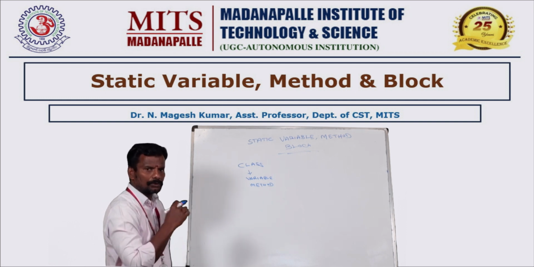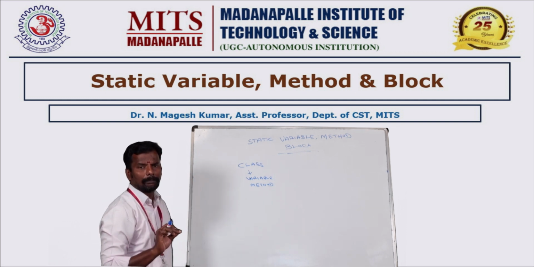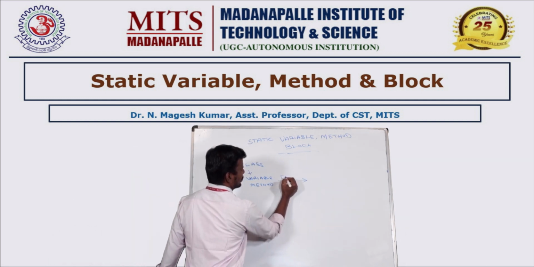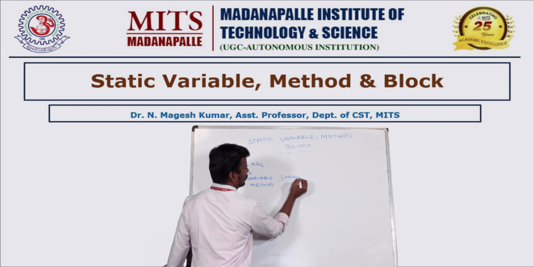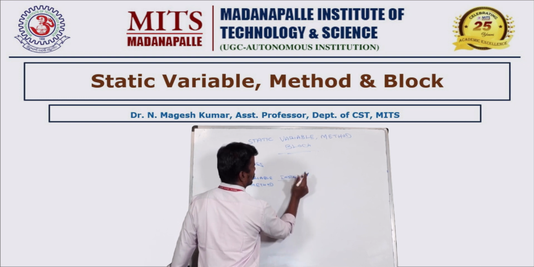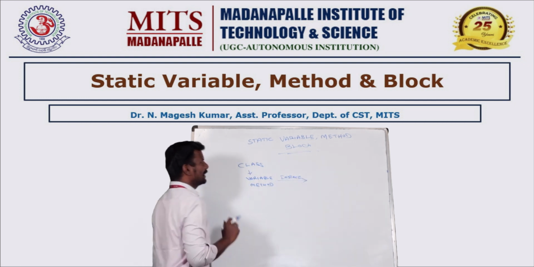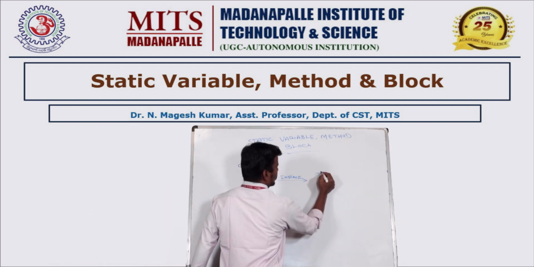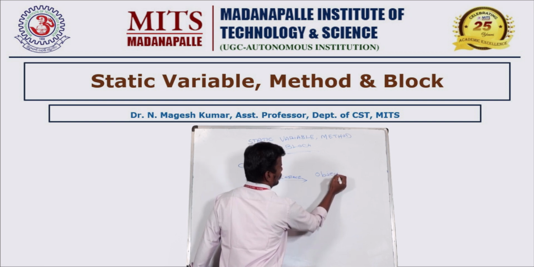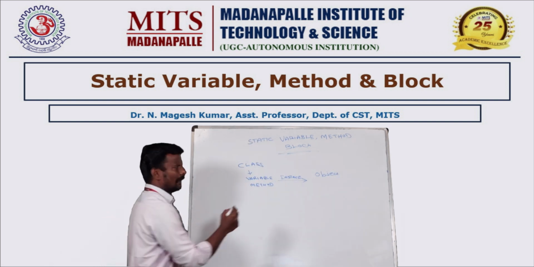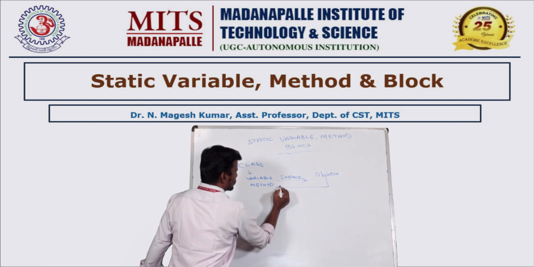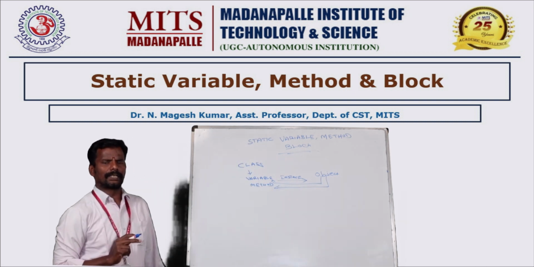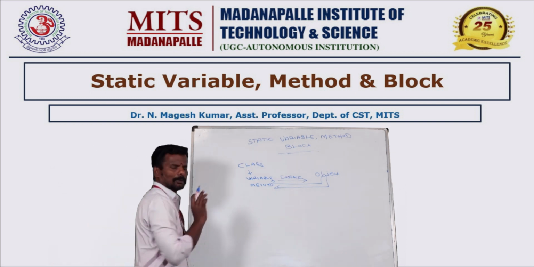If we want to access that variable and method, we have to create one instance, which is known as an object. By using that object, we invoke the method and access the variable. So there is a procedure we have to follow.